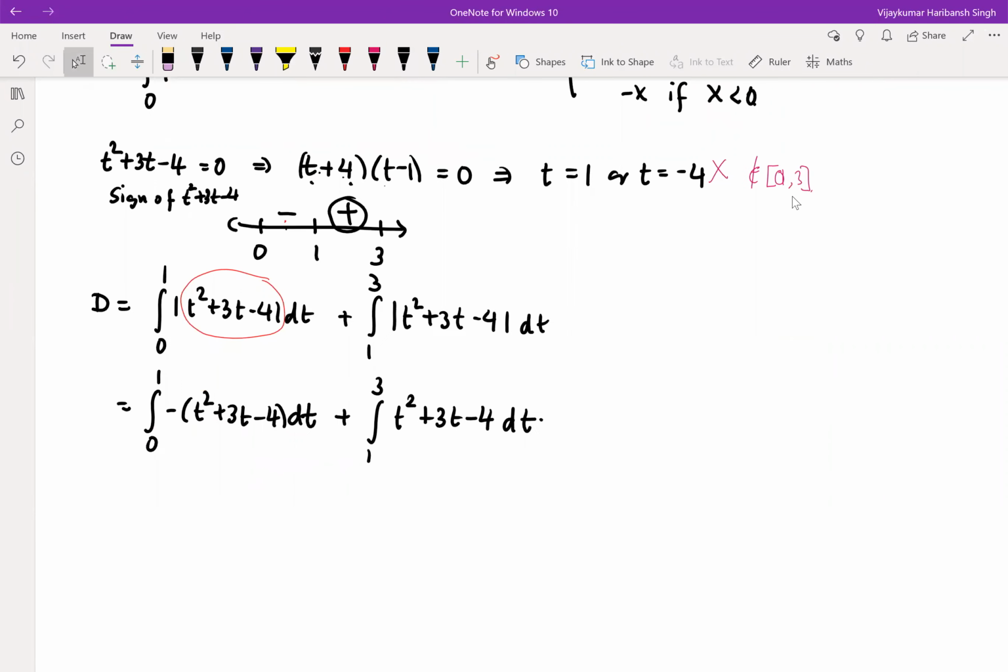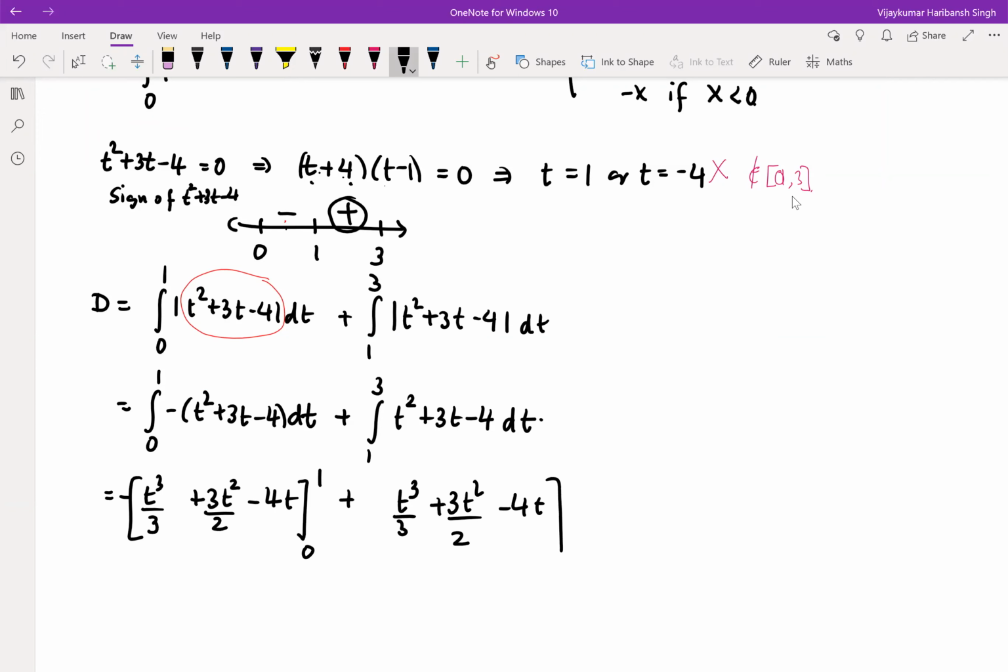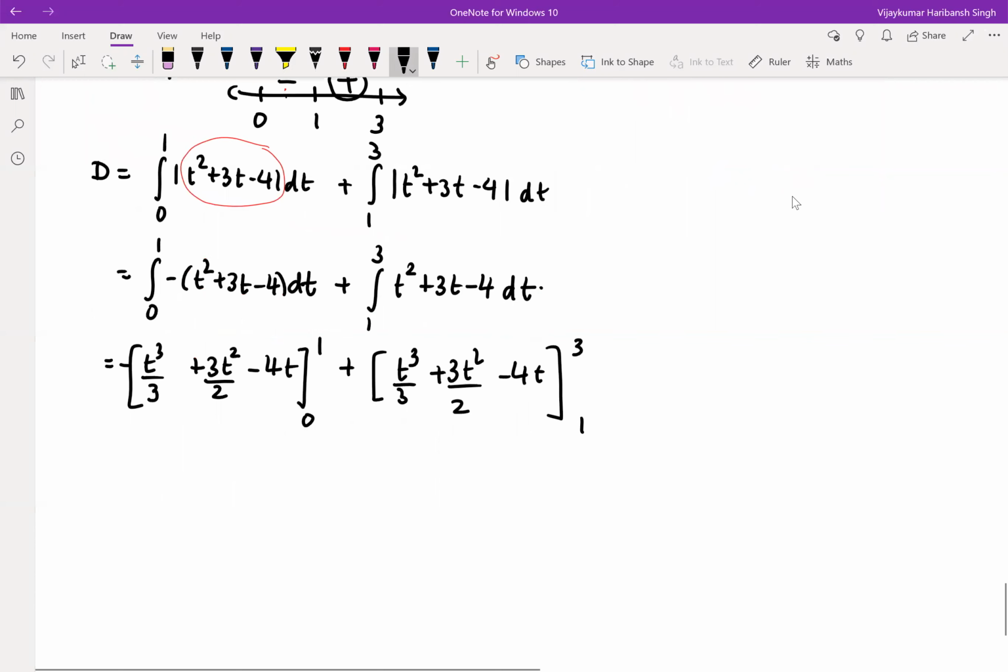Now let's expand it out and integrate. So we get t cubed by 3 plus 3t square by 2 minus 4t. The minus sign, I'll keep out, from 0 to 1, plus again t cubed by 3 plus 3t square by 2 minus 4t, from 1 to 3. Now in the first case, you just have to substitute the upper limit because the lower limit will give you 0.